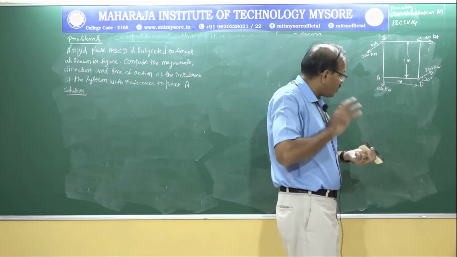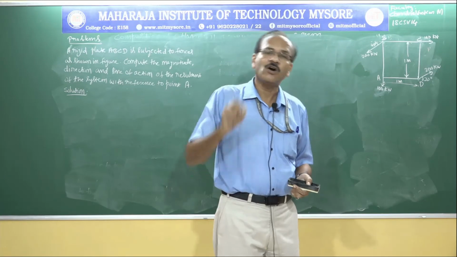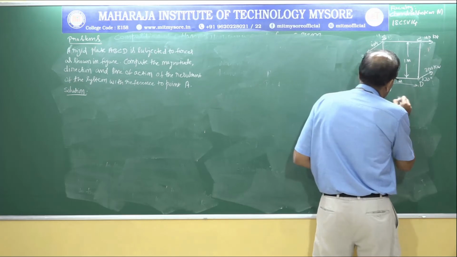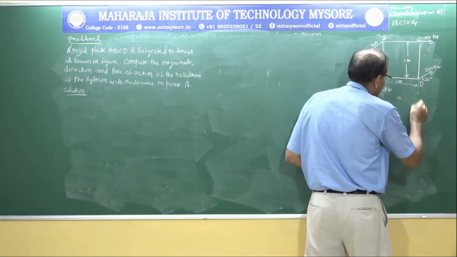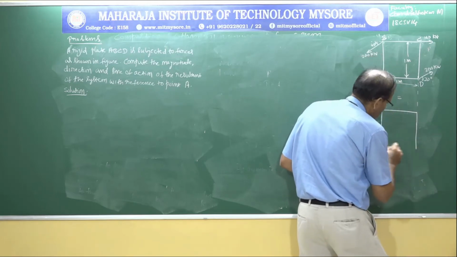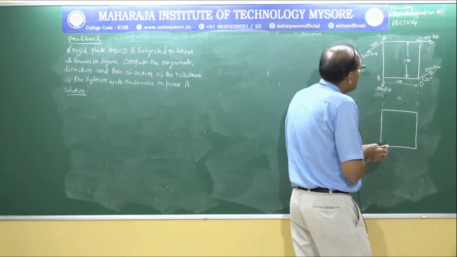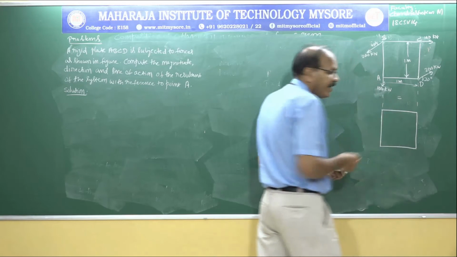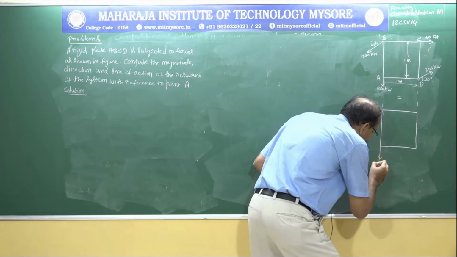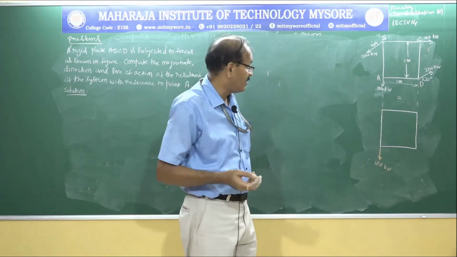So to start with, what I should do is first resolve the forces in the horizontal and vertical directions to solve the problem. So I am going to draw another figure, ABCD. If I take this force 100 kilonewton at point A, of course I don't have to resolve this force because it is already vertical and it does not have a horizontal component.